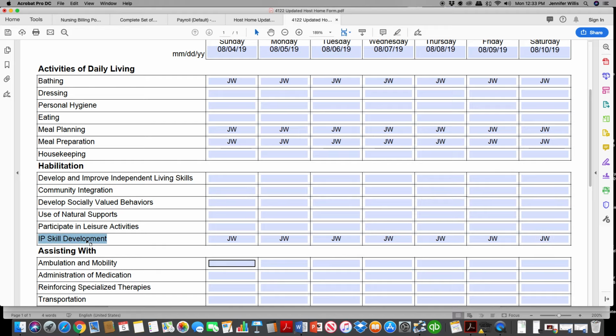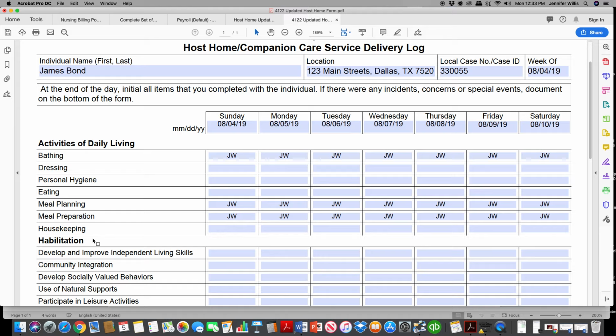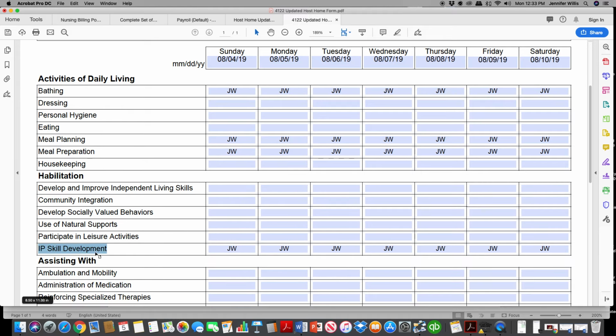A lot of times you will see that, say, James wants to live independently in his host home arrangement, and if that is his goal, then that's what we're always working on: how do we get this individual to be as independent as possible in their host home setting. So we're always working on the IP skill development. It is the most important box on this form, because if this box is checked, then everything else is not always necessary, but it does indicate that you are working towards helping this individual with the skills that they need.